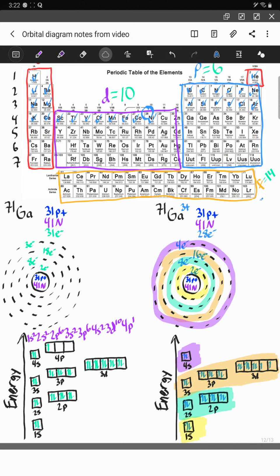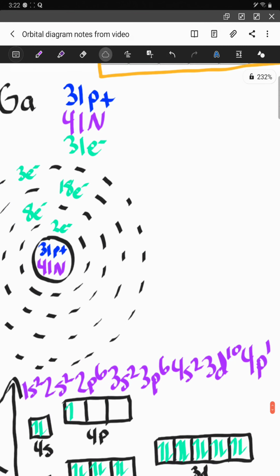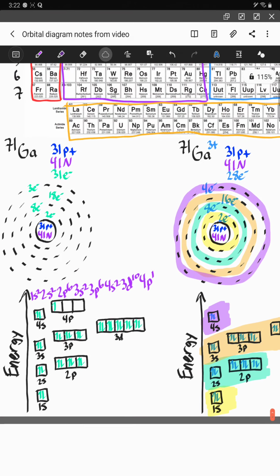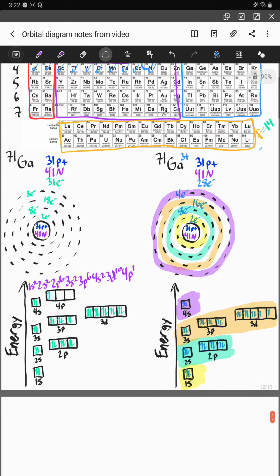All right, that should work. So we have the electron configuration for gallium with no charge.